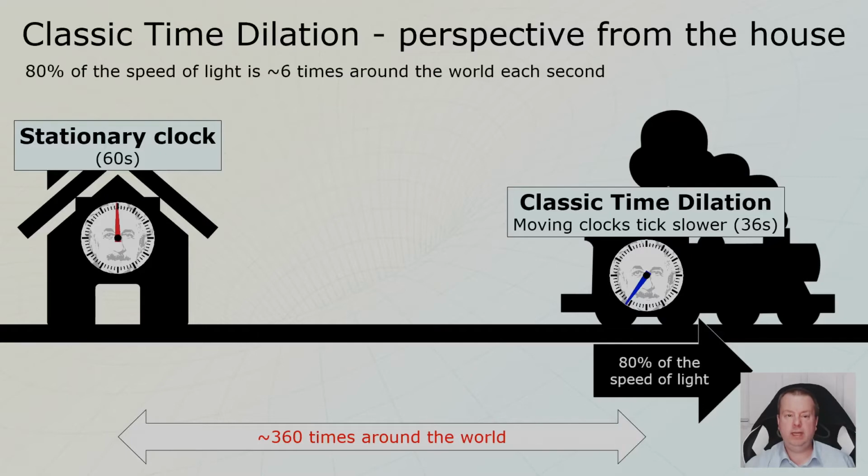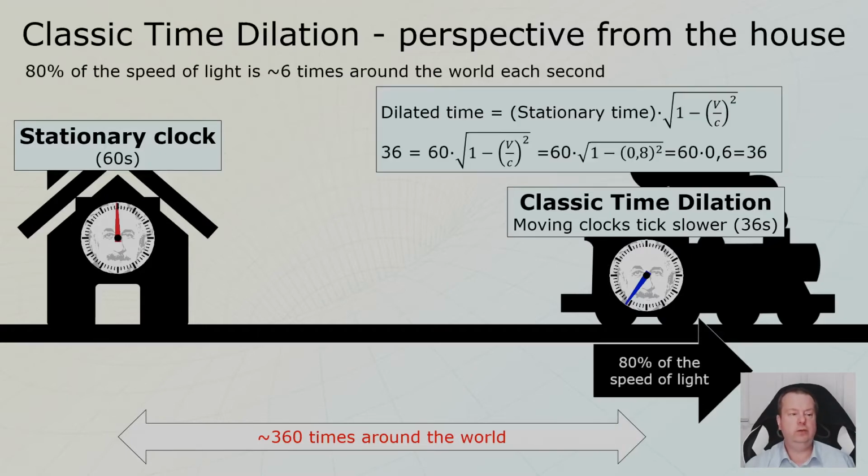If you want to calculate how much slower, you can use this equation, but you can forget about it. This is an A level, so I don't want to put mathematics in there. But this is the formula for how you can calculate how many seconds will have passed in the train based on how many seconds have passed in our house. Time dilation. Et voila, that's what it is.